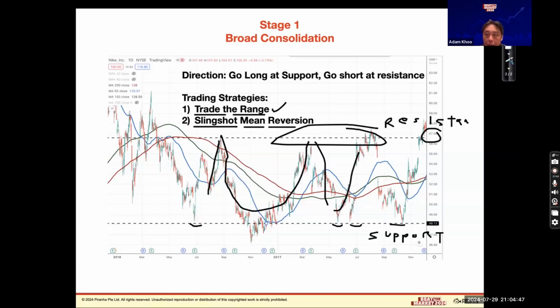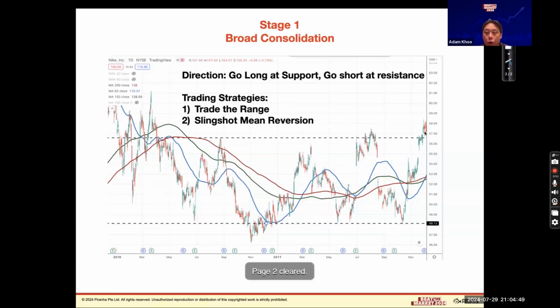Now, once you draw the support and resistance level, if you are simply trading the range, it's very simple. Where do you buy? That's right. You buy when the price hits the support and you see a bullish candle bouncing off the support. In this case, you can see the price going down, going down, going down.